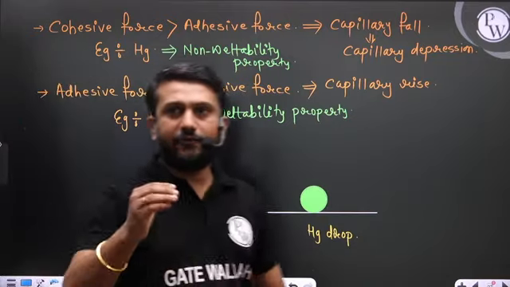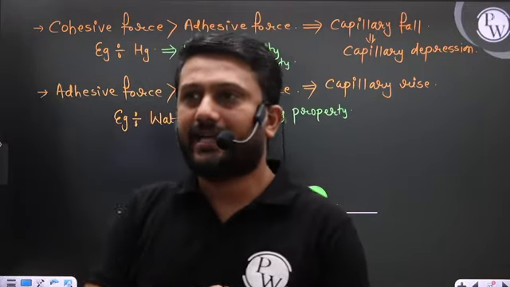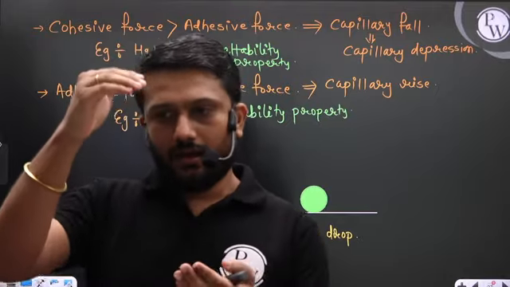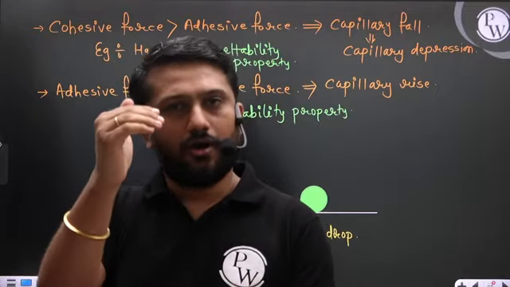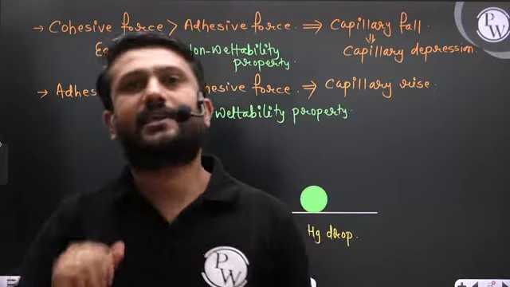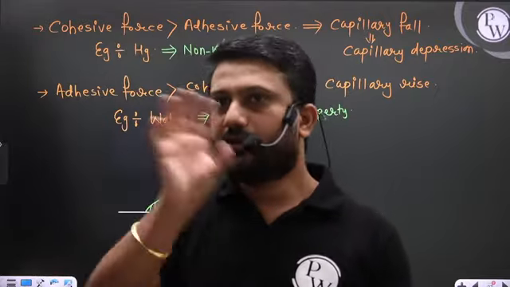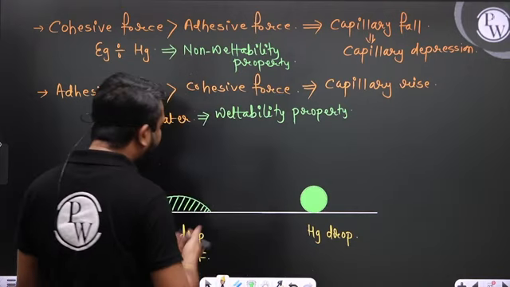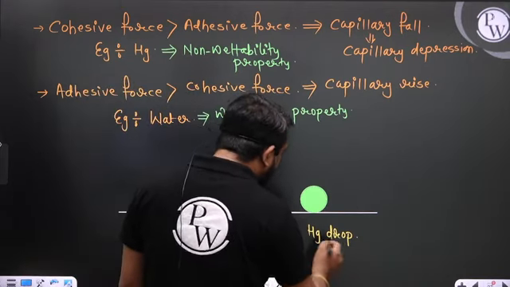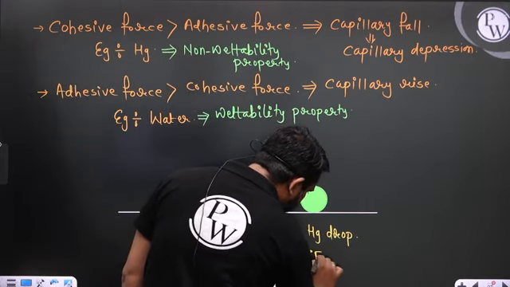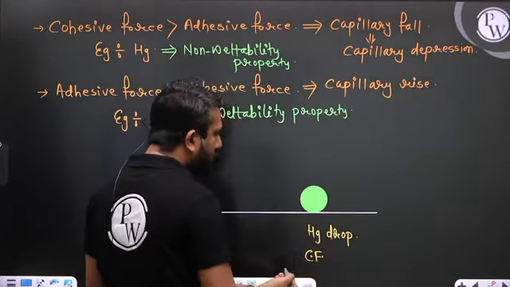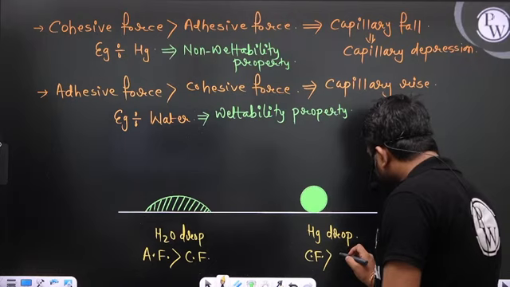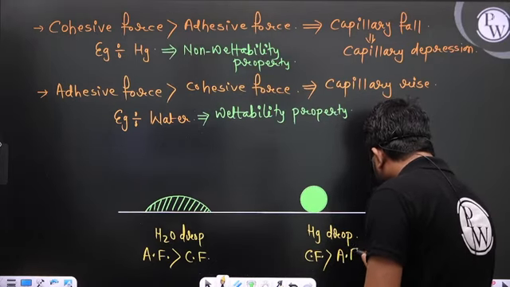In the mercury case, the cohesive force between mercury molecules is more as compared to the adhesive force between mercury and the surface.